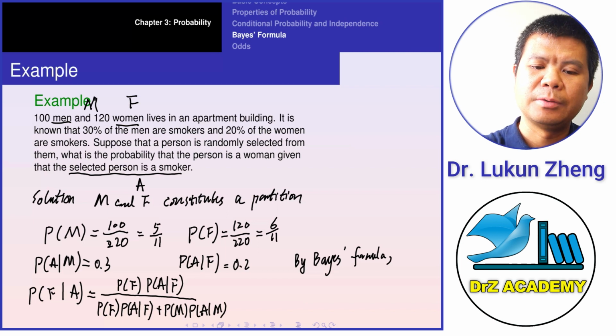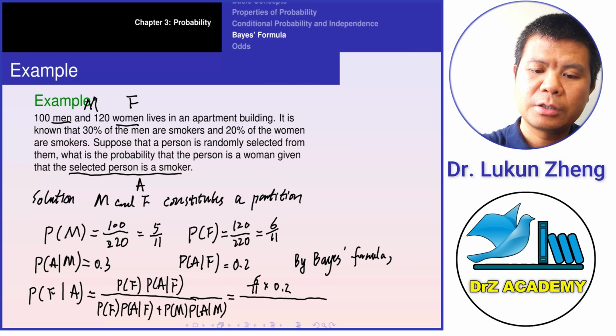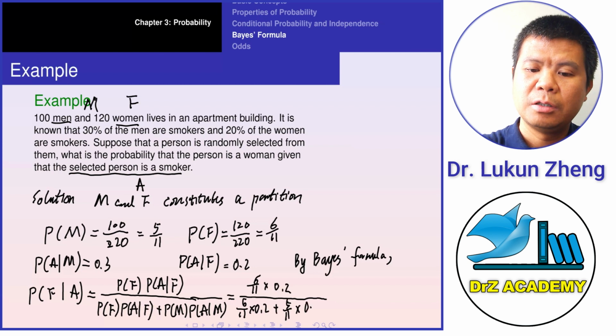Plugging in all the values here, we have female is 6 over 11 times 0.2, over 6 over 11 times 0.2 plus 5 over 11 times 0.3.